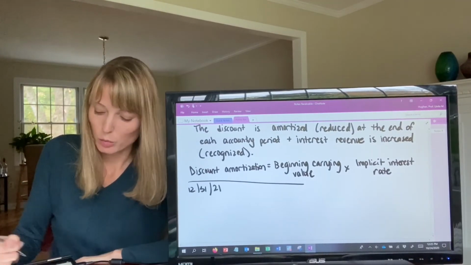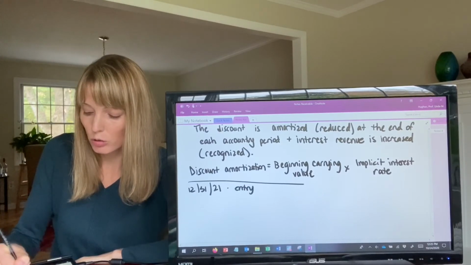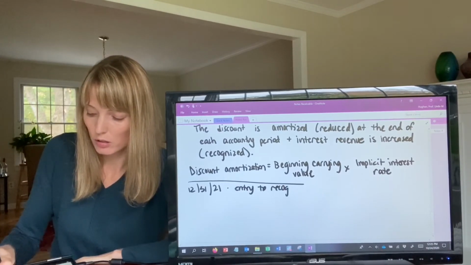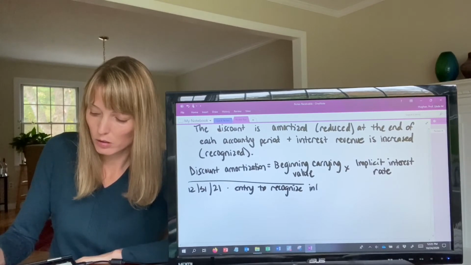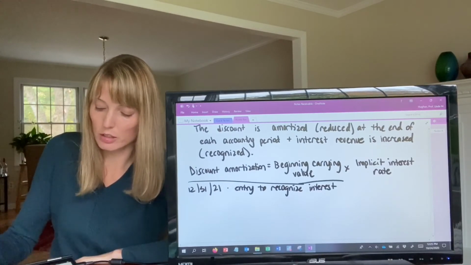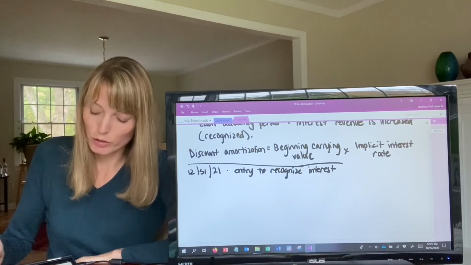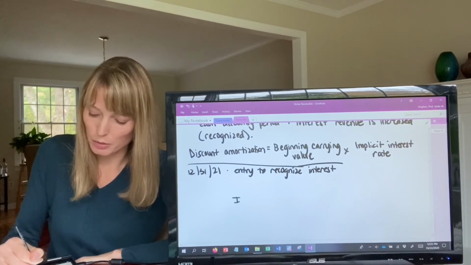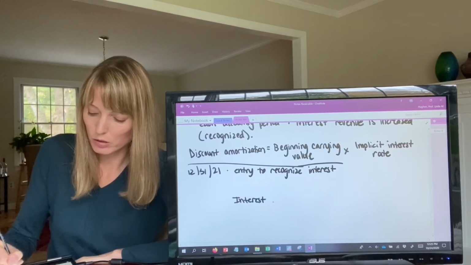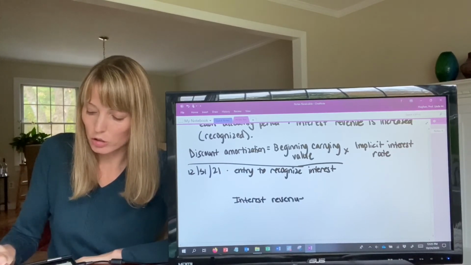12/31/2021, we need an entry to recognize interest. This would be recorded again as an adjusting entry. And what account? We know if we're going to recognize interest, our credit is going to be to interest revenue. What do you think we're going to debit?